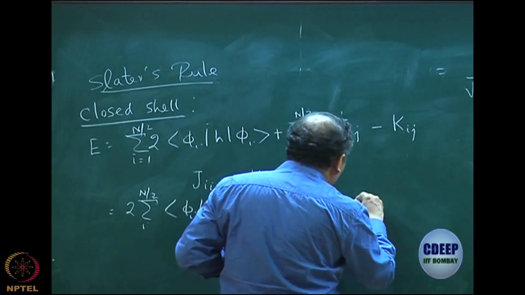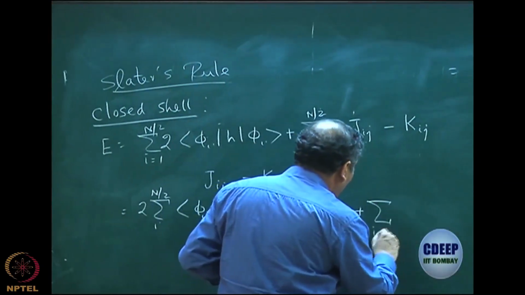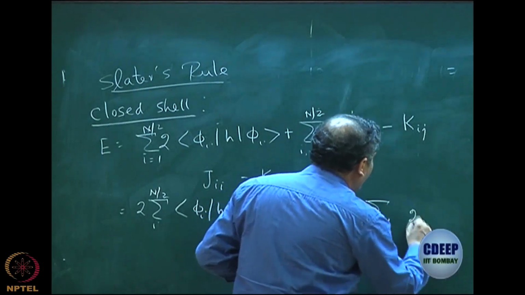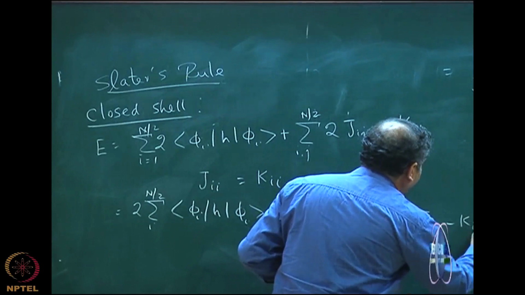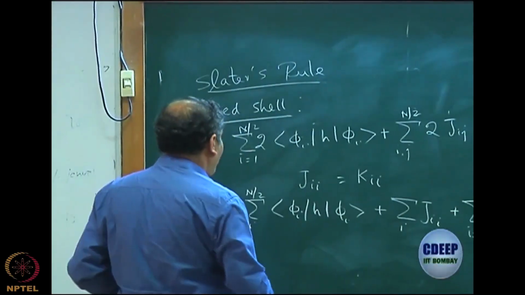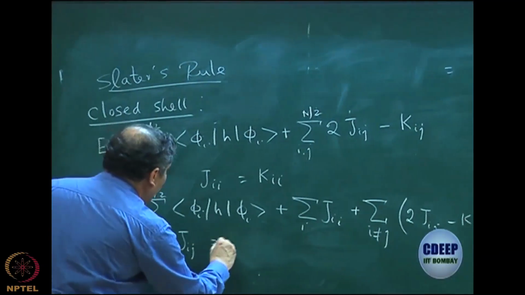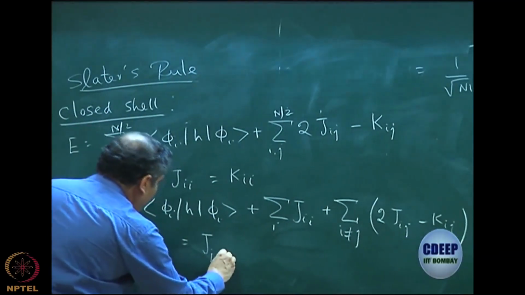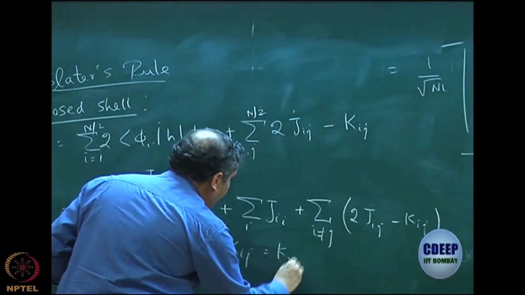After that, I can write the rest of them, which is i not equal to j, 2Jij minus Kij. Note again, by a similar argument, Jij is equal to Jji, and Kij is equal to Kji.